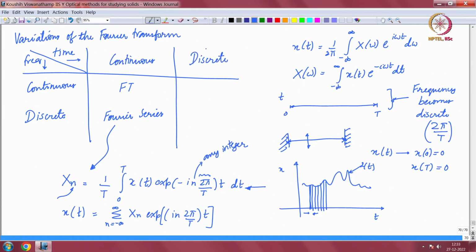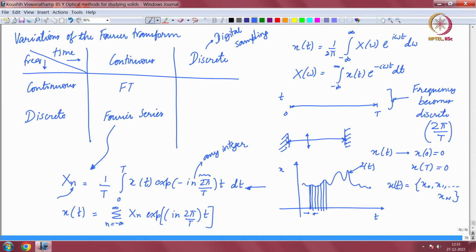So, this happens when you have digital sampling. And your time now is a discrete variable. So, signal x of t is represented by a collection of values x0, x1, and so on up to capital N, depending on how many samples you have taken, and so you have a discrete time signal.